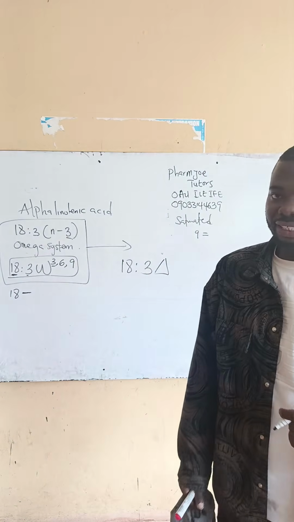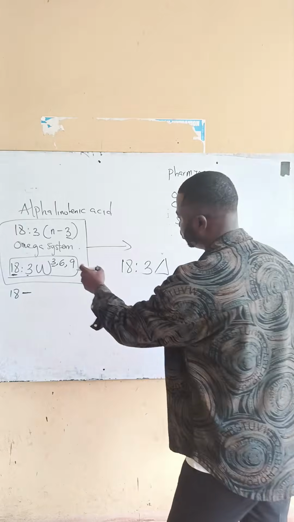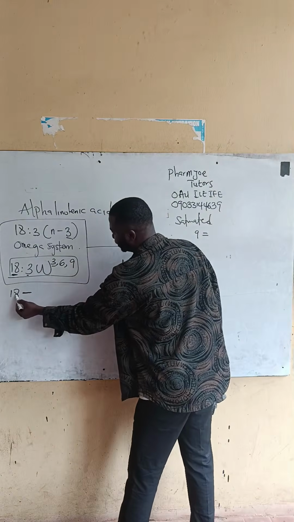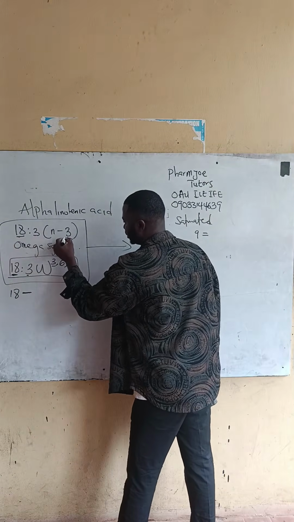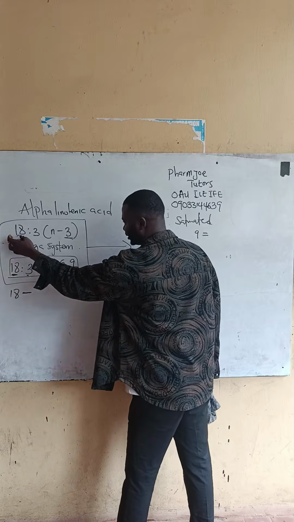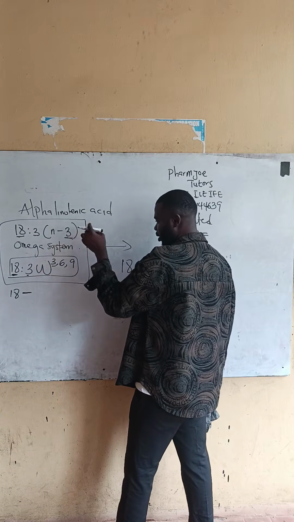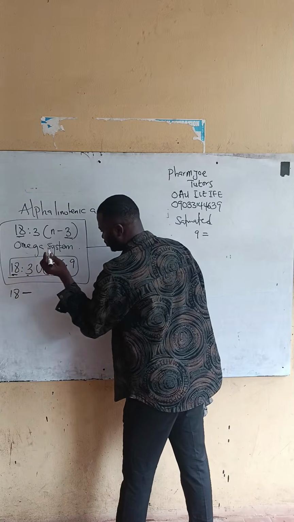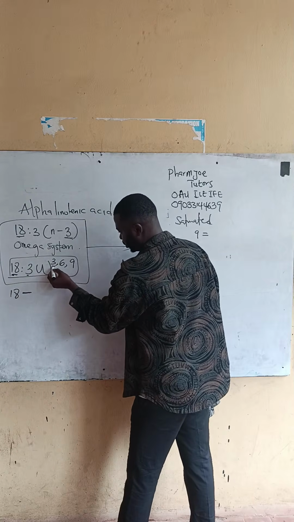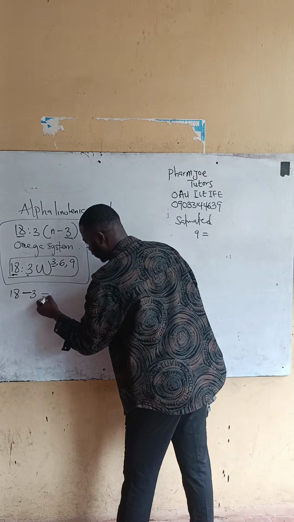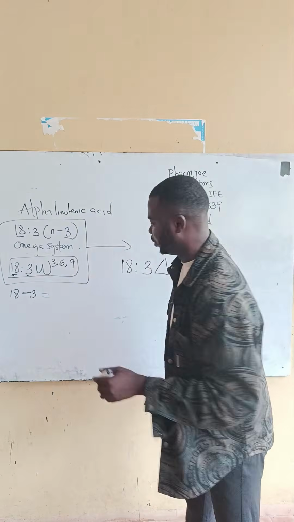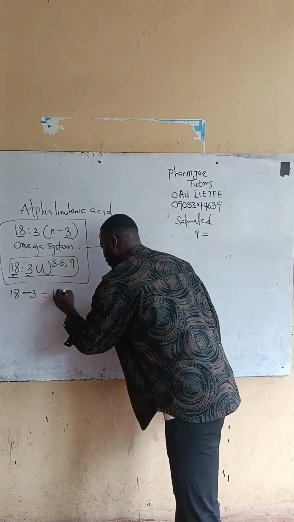According to omega, it is 3. So you say 18 minus 3, or 18 minus the first position of the double bond. What will 18 minus 3 give us? It will give us 15.